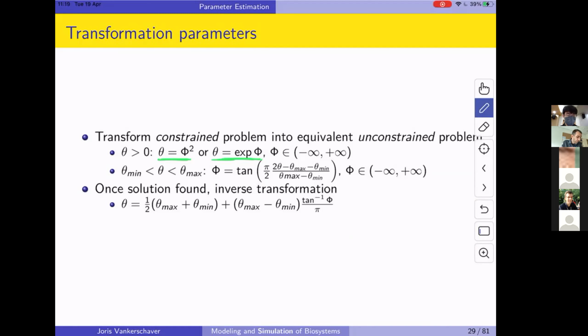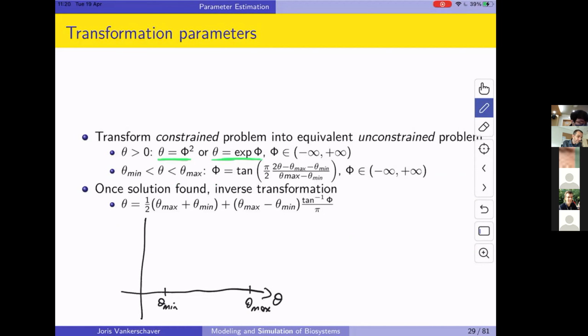If you have something that needs to be within a certain range of values, there's also a variety of transformations that you can apply. One of them, for instance, uses the tangent function. So how does this work? Let's say you have a parameter theta that has to be constrained between two values, theta min and theta max.